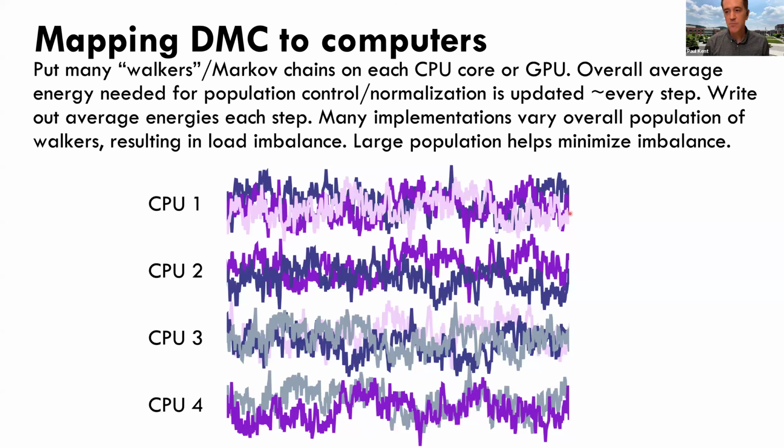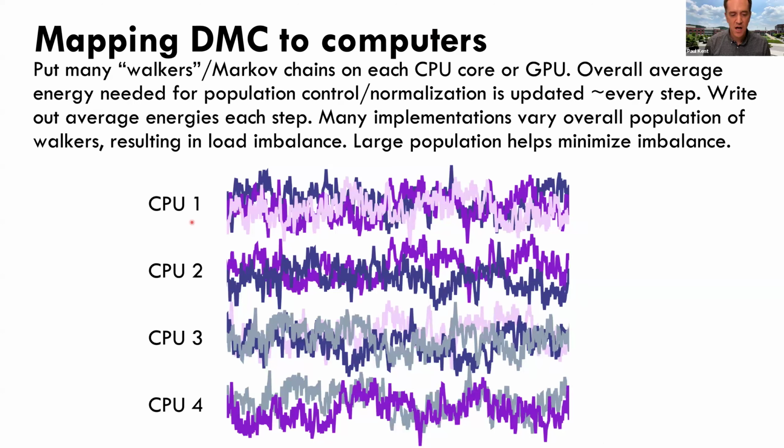Now, this is a little bit more involved than the variational Monte Carlo because, due to the need to do the population control and that normalization, there's actually communication every single step in this calculation. Another thing to note is that it's important to have a reasonably large population given the size of the machine you're running on to avoid a load imbalance.